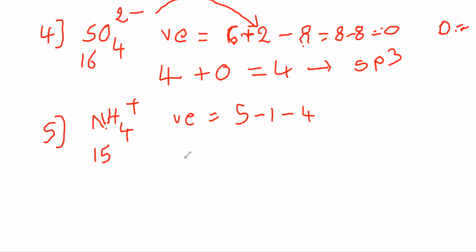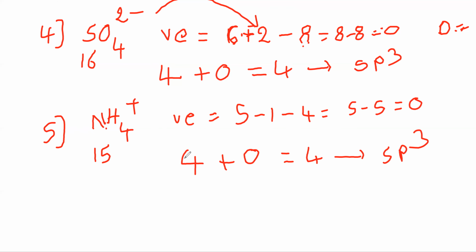So 5 minus 5, total 0. Now the hybridization formula: 4 atoms surrounded, and no valence electrons, so 0 lone pairs, equals 4. That means sp3 hybridization.